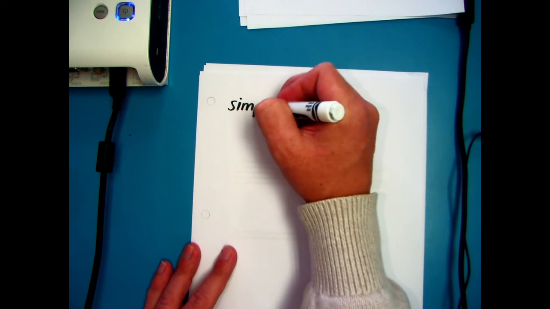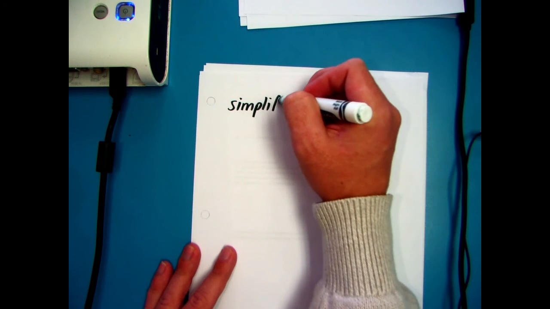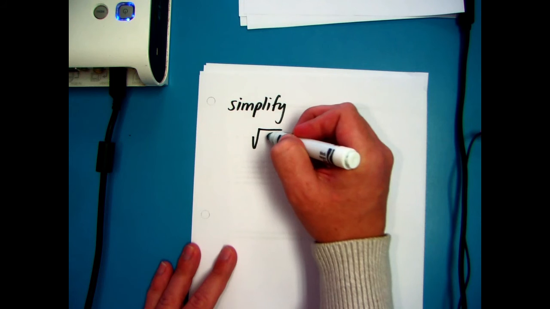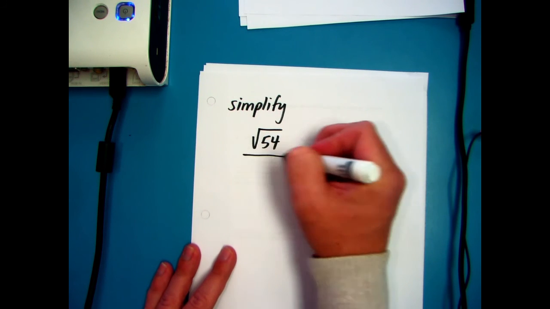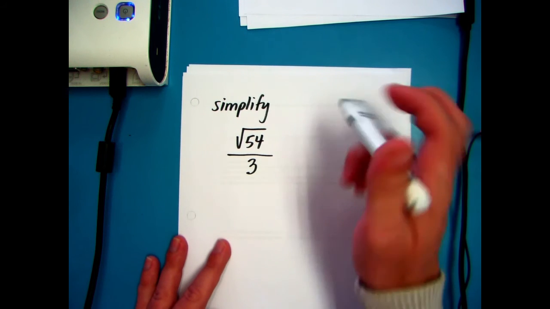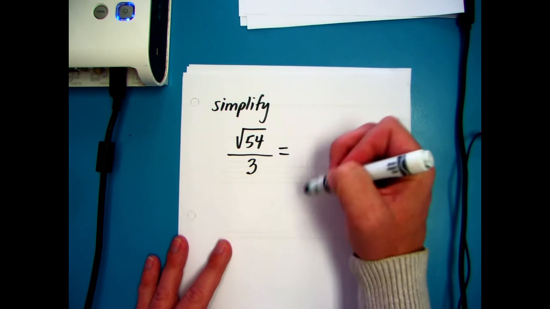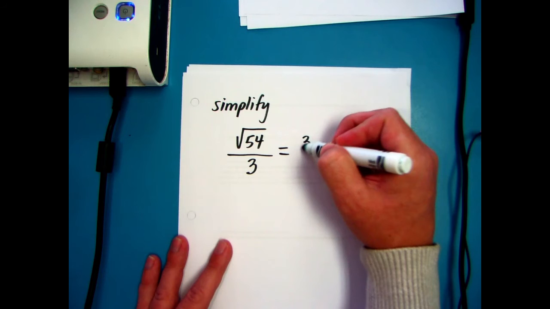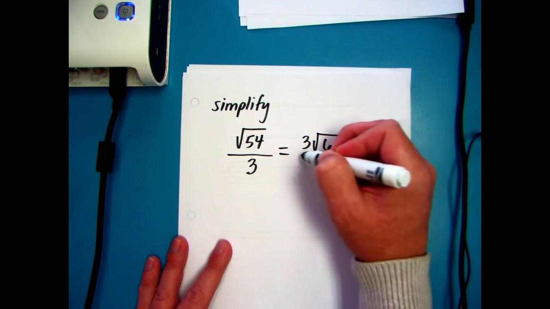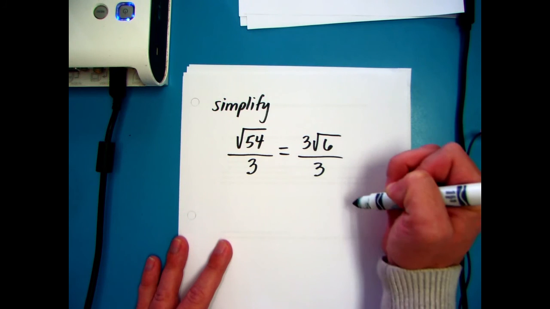Let's take a look at where this could come into play. How could we use this practice to help us in more complex math problems? Here is a fraction. We have square root of 54 over 3, and I want to reduce this fraction. To do this, I first want to simplify the radical.